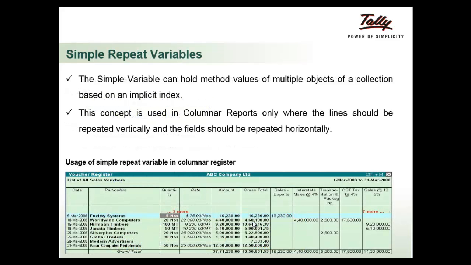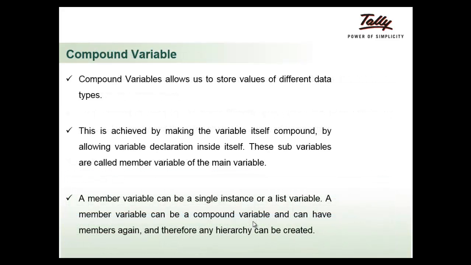Simple repeat variables are those simple variables that can hold method values of multiple objects of a collection based on an implicit index. This concept is used in columnar reports where lines are repeated vertically and fields are repeated horizontally. Then we went to compound variables. In contrast with simple variables, compound variables can store values of different data types.